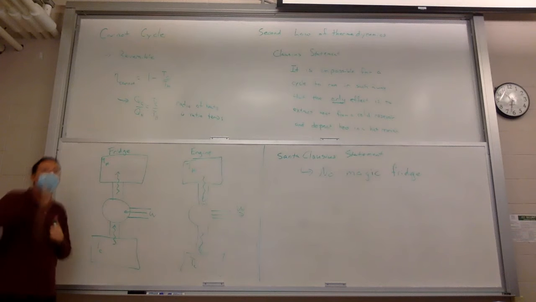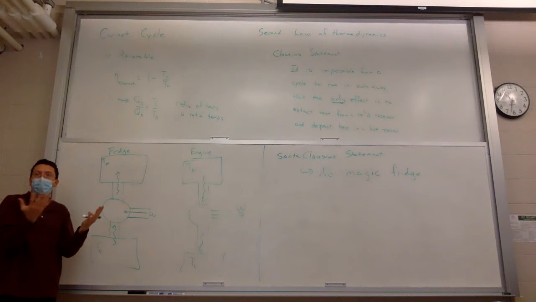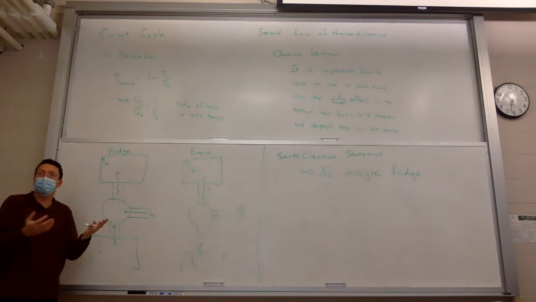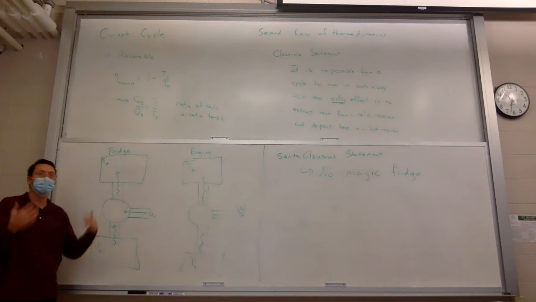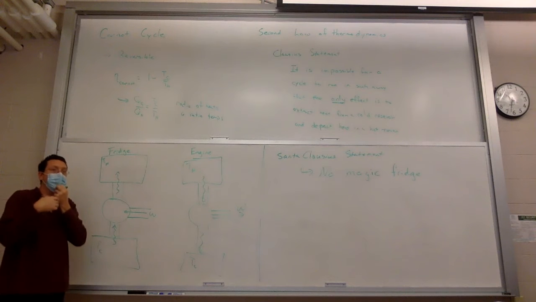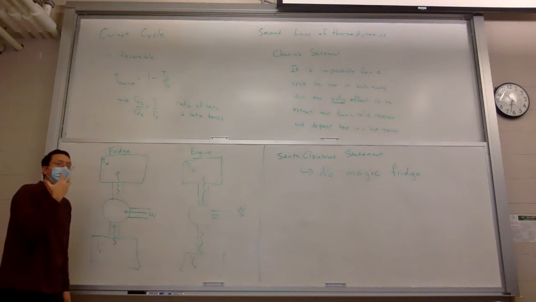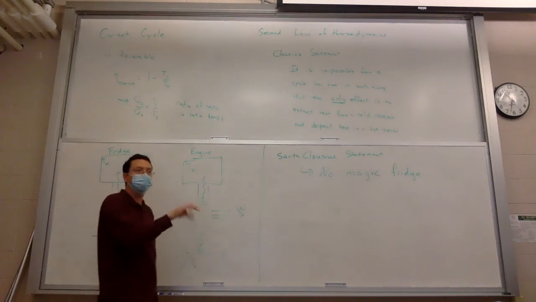It's like in geometry where you need several different axioms to prove the different relationships. One isn't enough. The first law wasn't enough, so we need some other axiom.